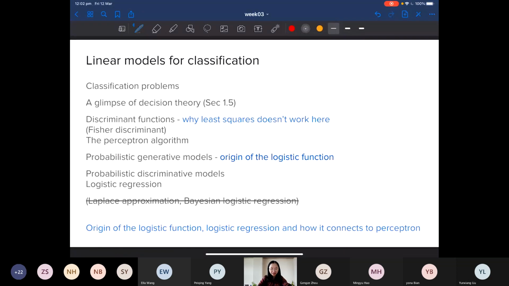So, okay, more seriously, in today's lecture we are going to start by defining classification problems and take a quick glimpse of decision theory as it's covered in chapter 1, followed by some philosophical discussion about what the components of a supervised machine learning system are like.